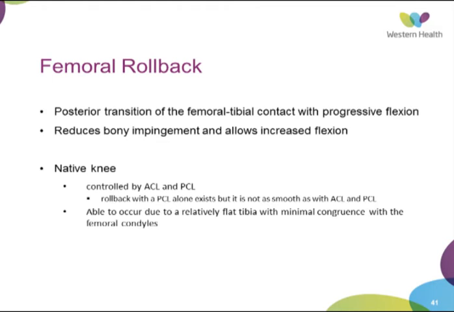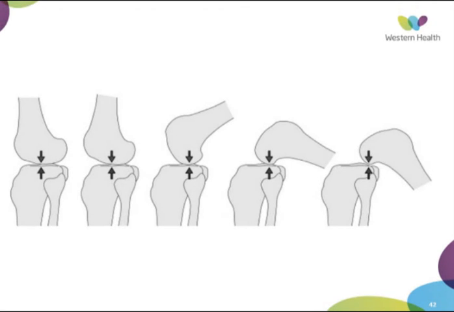In a normal knee, this is controlled by both the ACL and PCL, but it's shown that rollback does occur with a PCL only, although it's not as smooth as with an ACL and a PCL. And this is an example in a native knee of femoral rollback, and you can see the contact point as flexion increases moves more posteriorly.